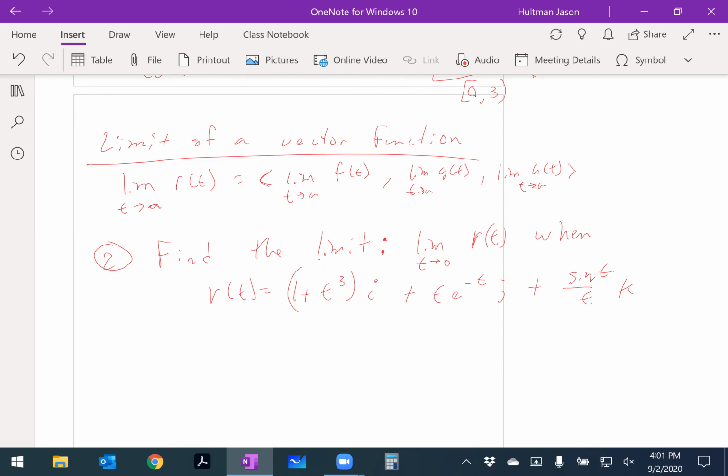You want to know what happens to the limit of r of t as t goes to 0.